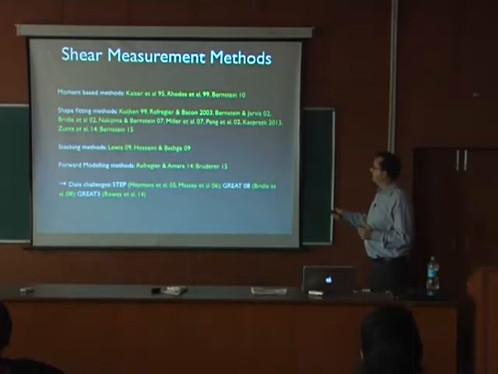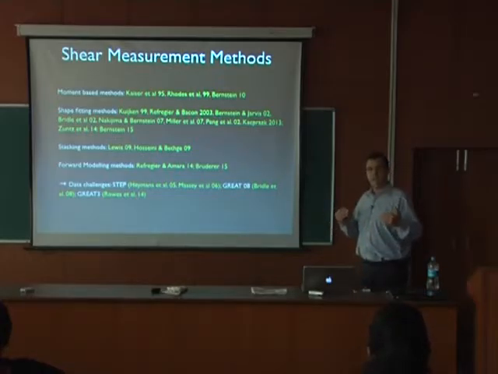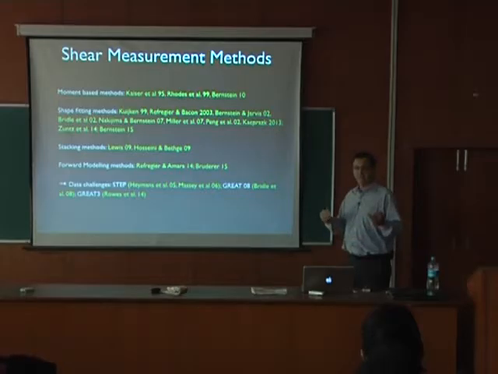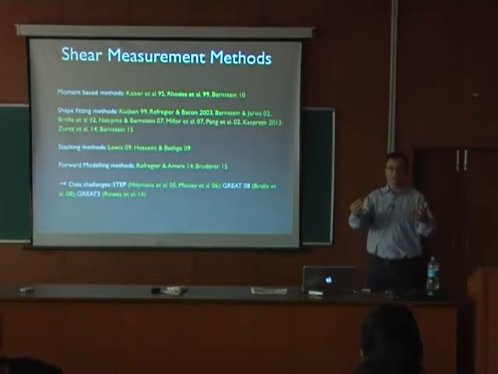And the forward modeling method is basically based on the fact that all of these methods eventually need simulations, Monte Carlo simulations to calibrate them. So what people do in practice is that they make image simulations, they make simulated observations, if you wish, where you know what the true shear is. In the simulation you go through all the different steps, the point spread function, noise, and so on.